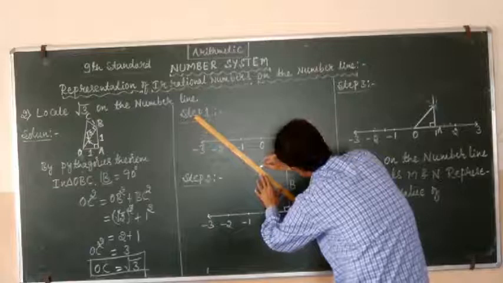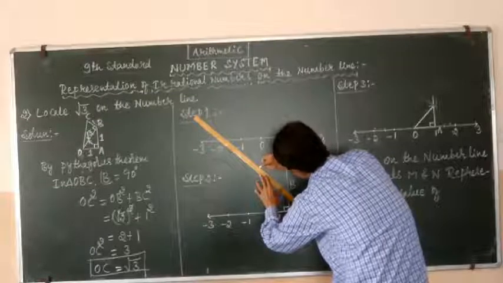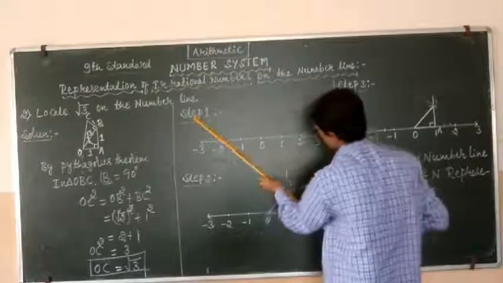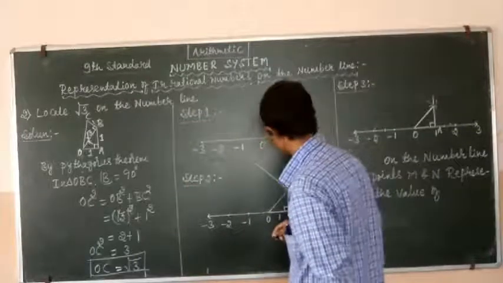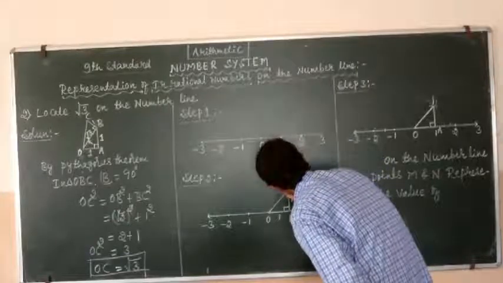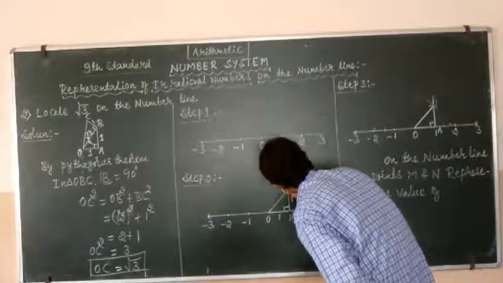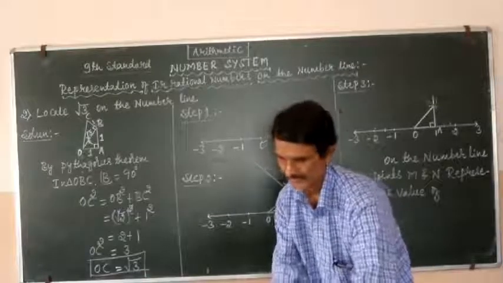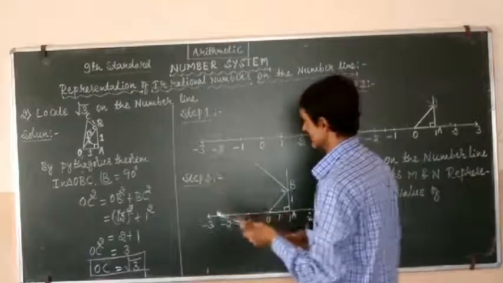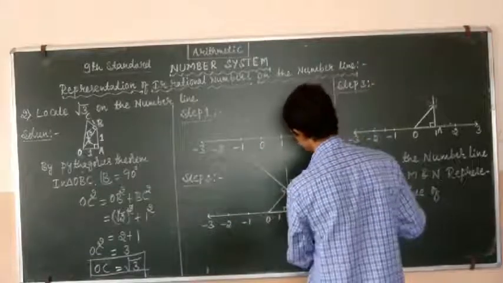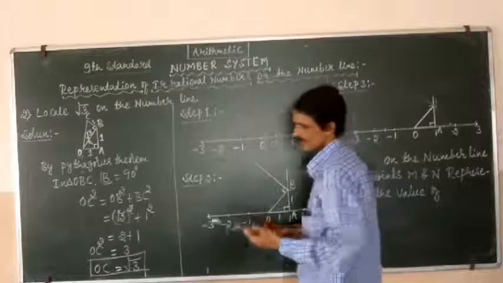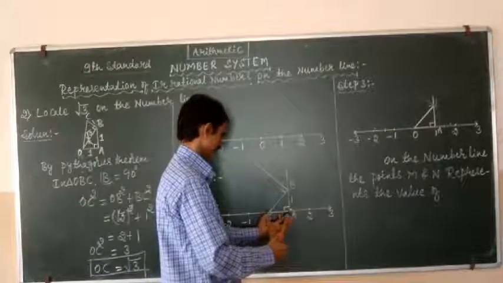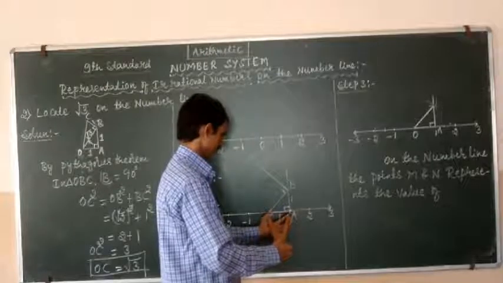So I am constructing the 90-degree angle, the right angle. And cut that with the measurement 1 unit.